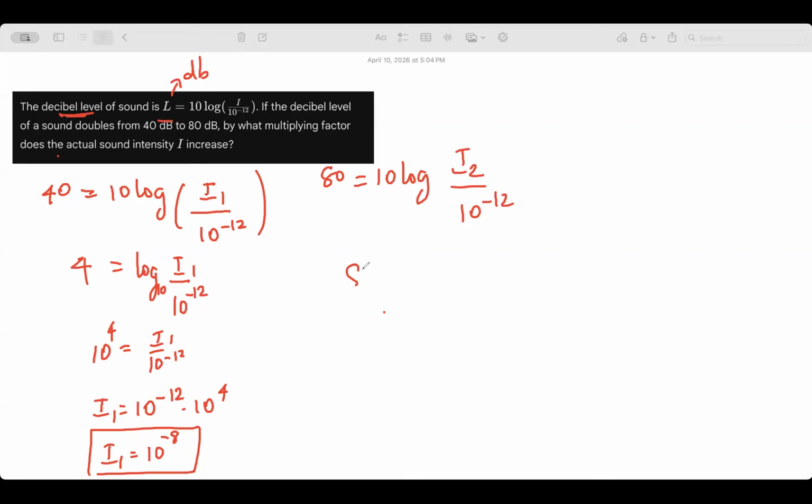How do I write this? 8 will be equal to log base 10 of I2 by 10 to the power of minus 12. 10 to the power of 8 will be equal to I2 by 10 to the power of minus 12.